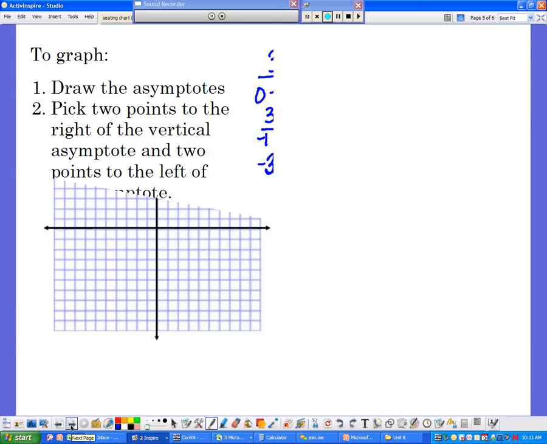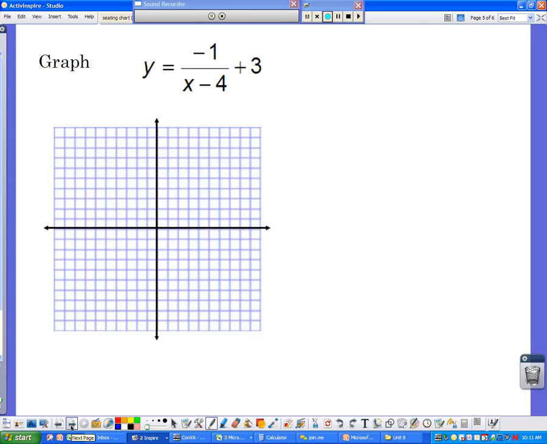All right, so example number 2, we're going to graph y equals negative 1 over x minus 4 plus 3. Remember the very first step that we need to do is find our asymptotes. To find the vertical one, we're going to do x minus 4 equals 0, since it's on the bottom of the fraction. So just add 4.